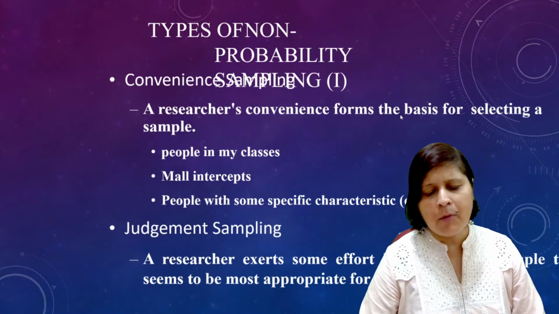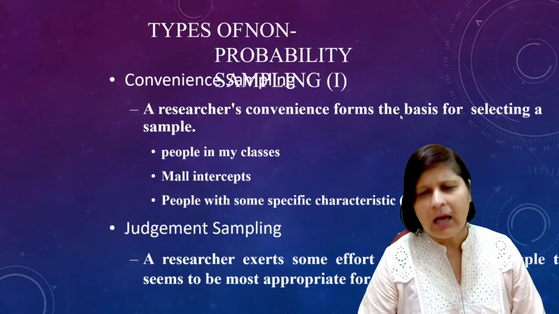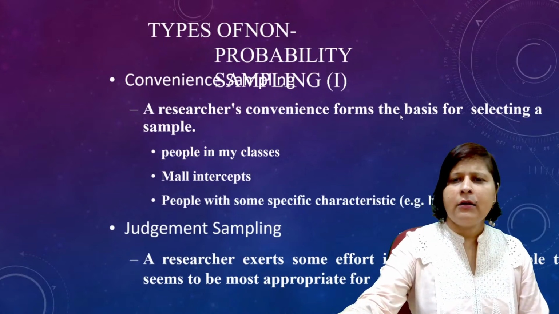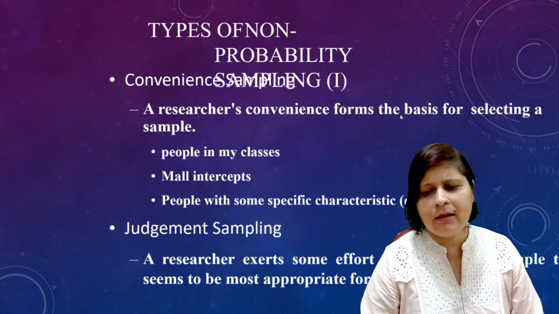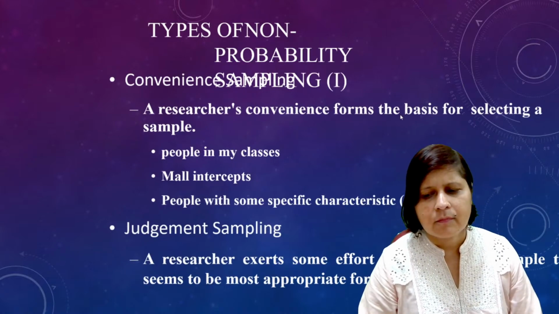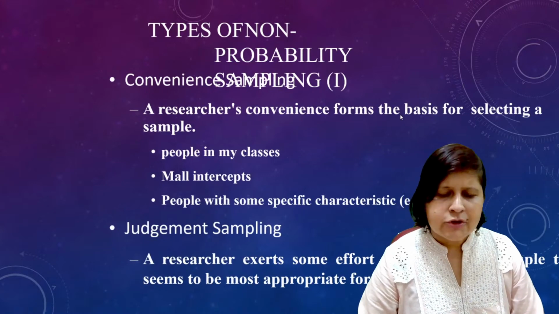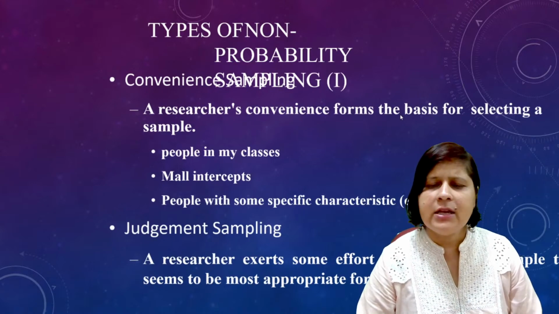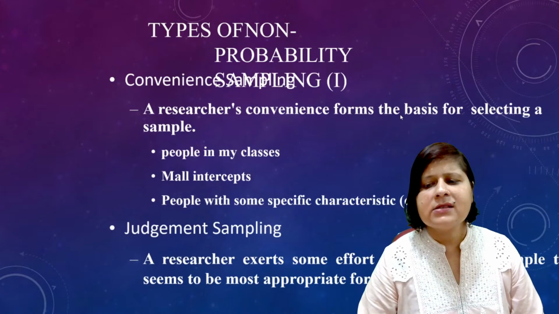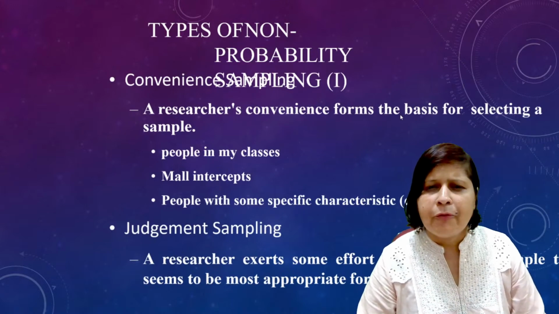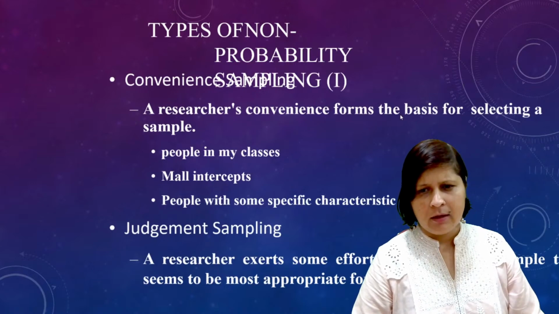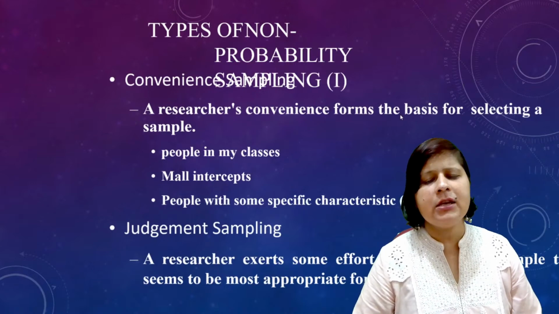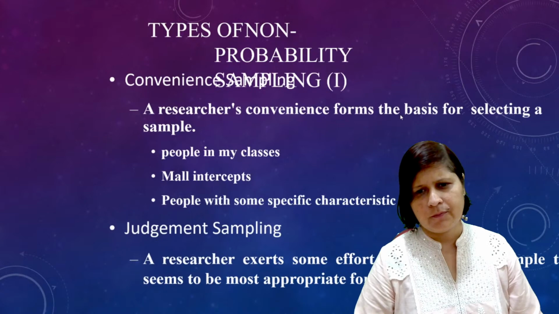Mall intercepts: I can interview anyone who is entering the mall, right? So it is convenience sampling. Convenience sampling is where the researcher feels convenient to collect the data.